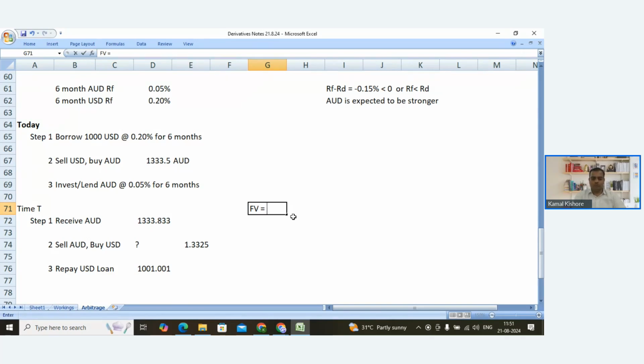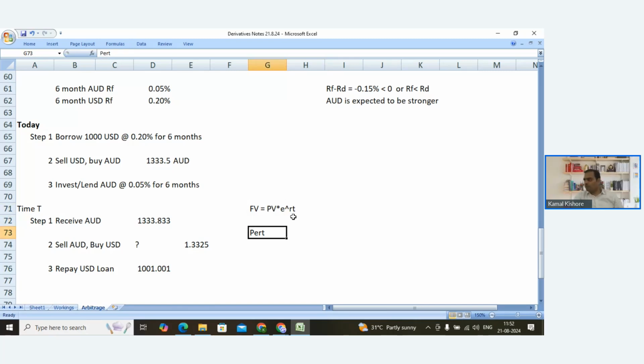FV is equal to PV into e to the power RT. This is also referred to as the PERT function. How do we do this?